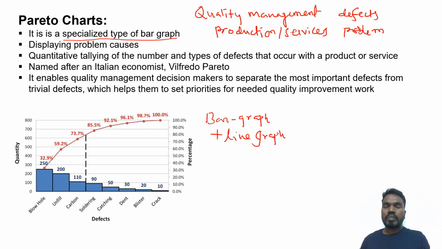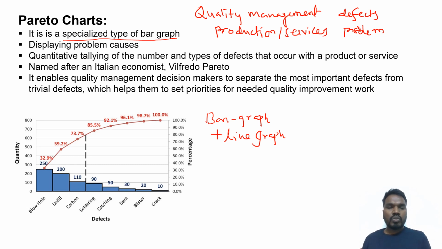Because when we are discussing quality management and production services, unless you know the problems, what the major cause is, what the major problem is, it will be very difficult for us to improve the quality or bring efficiency, right?